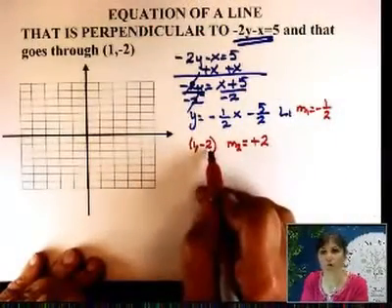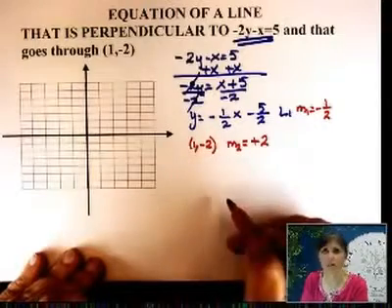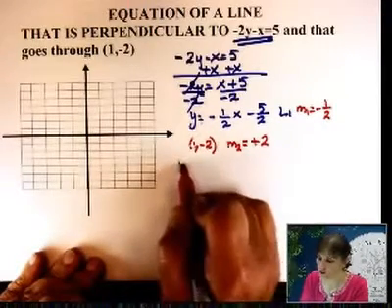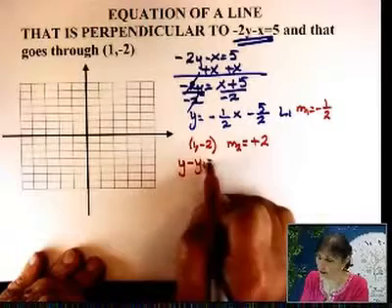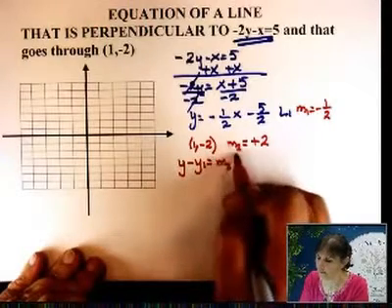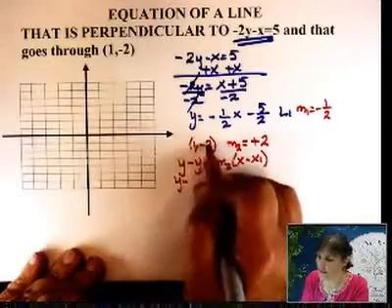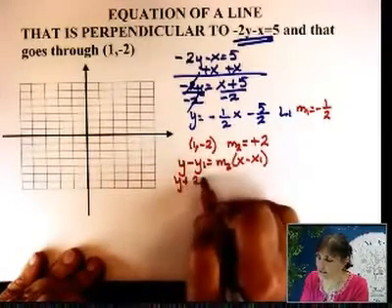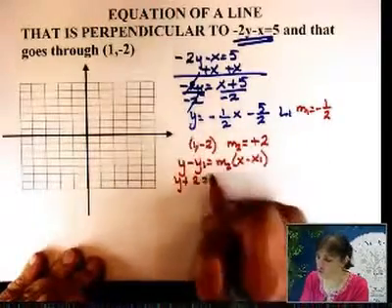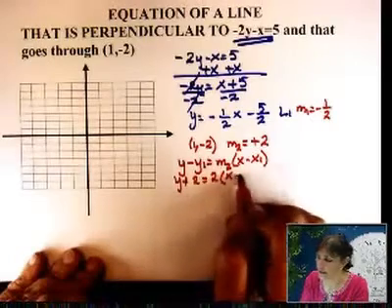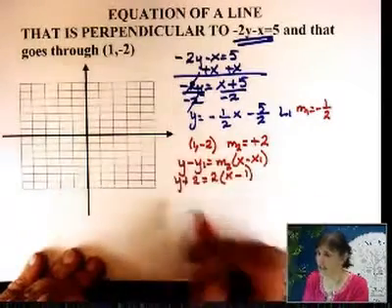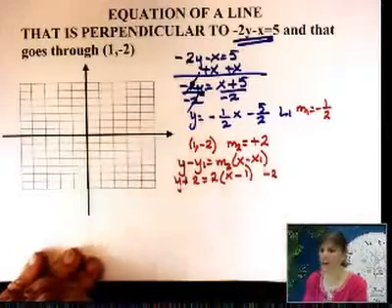I want it to go through 1, -2 with the positive 2 slope. What's the equation? Y minus y1 equals m times x minus x1. Y minus minus, that's plus. M is 2. X minus x1 is 1. That's the equation of the second line.